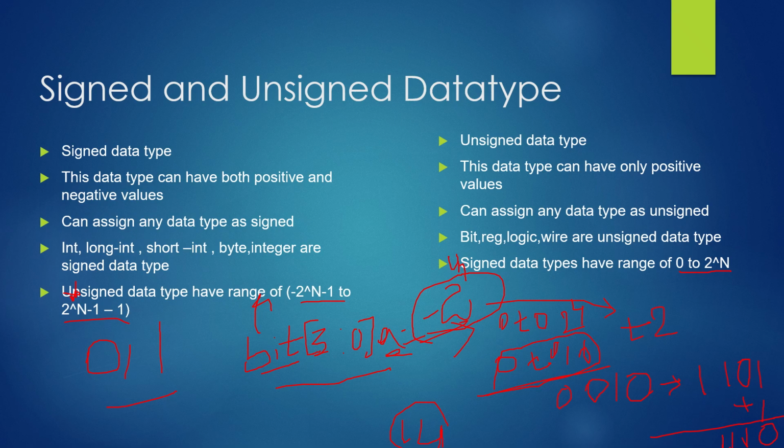So this is how it is calculated if we give any negative number to any unsigned variable. It will first do the 1's complement of the positive number and then the 2's complement, and it will print the decimal value 14.